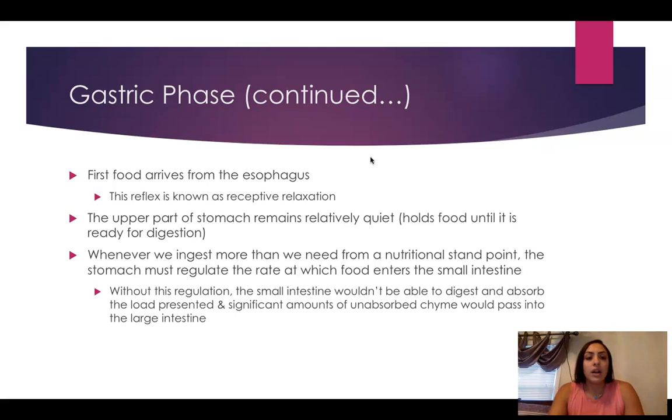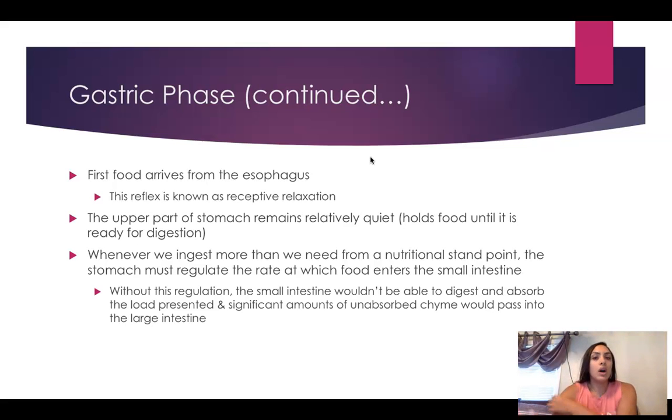Whenever we ingest more than we need from a nutritional standpoint, the stomach must regulate the rate at which food enters the small intestine. Without the regulation, the small intestine wouldn't be able to digest and absorb the load presented, and significant amounts of unabsorbed chyme would pass into the large intestine.